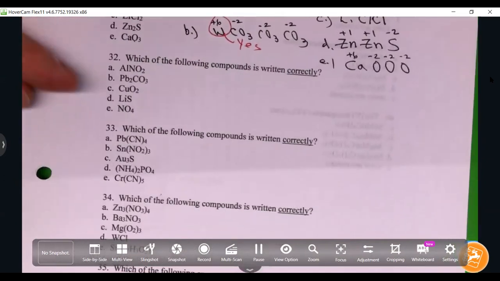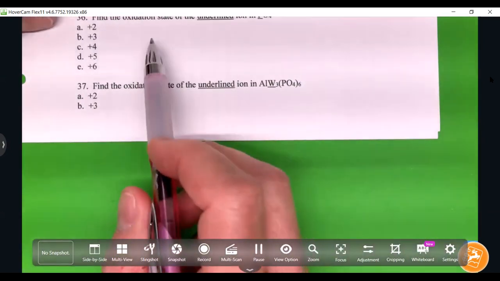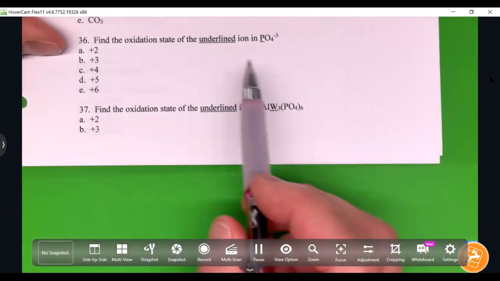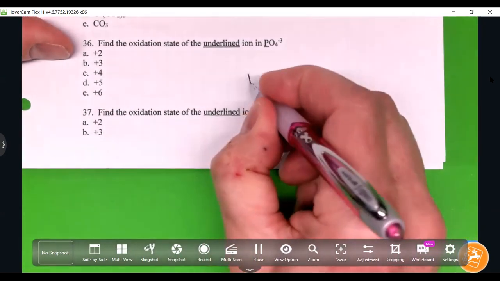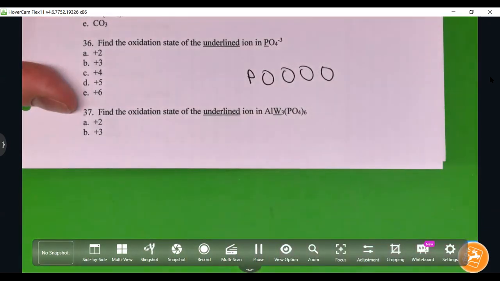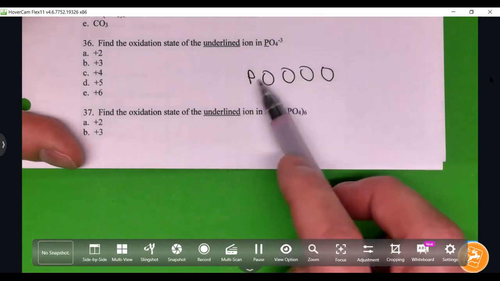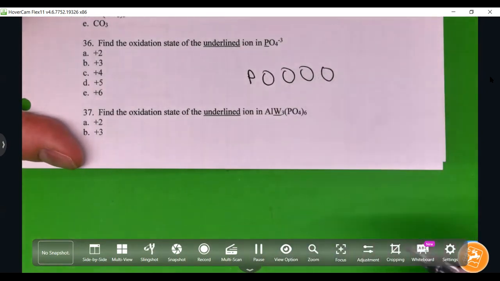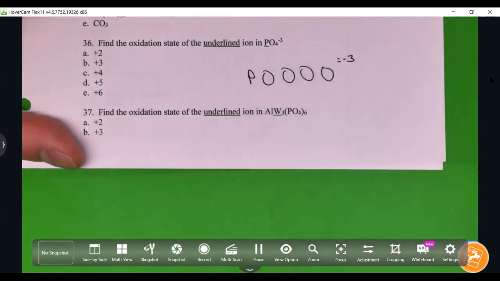Then let's look at 36. Find the oxidation state of the underlined ion. So you have, this is just phosphate. Remember, we treat this as one ion bound together, but overall it has a charge of -3.